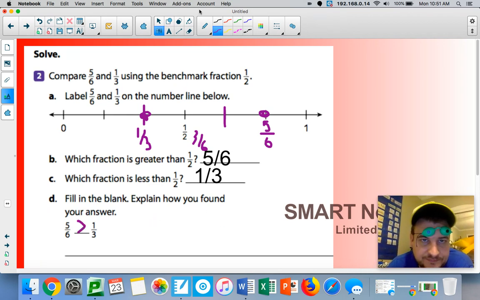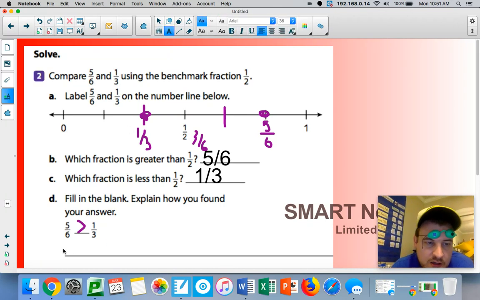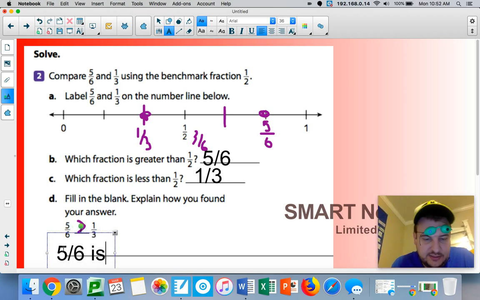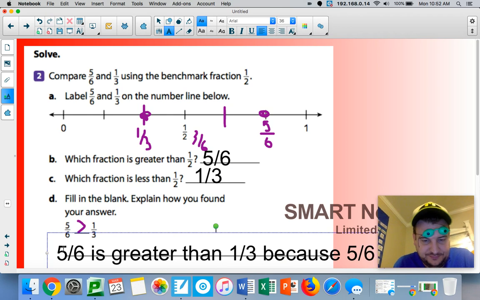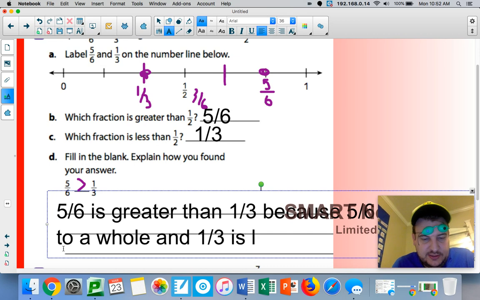Explain how you know. 5/6 is greater than 1/3 because 5/6 is closer to a whole, and 1/3 is less than a half.